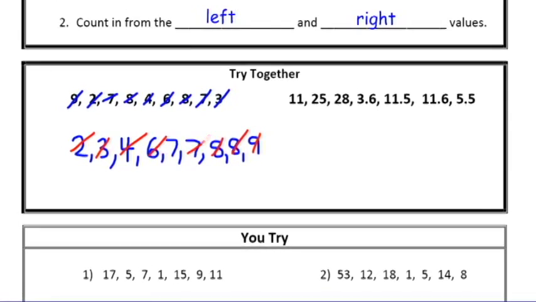Let's put these numbers in numeric order. Single digits first. I see 3.6. The next single digit is 5.5. Now I have tens. I'm in my tens. 11, 11.5, and 11.6. Remember, 11 is right on 11. 11.5 and 11.6 live between 11 and 12.